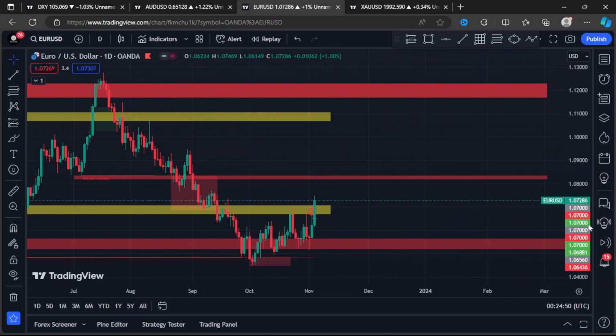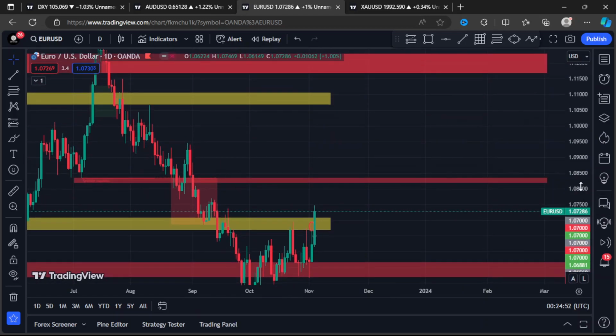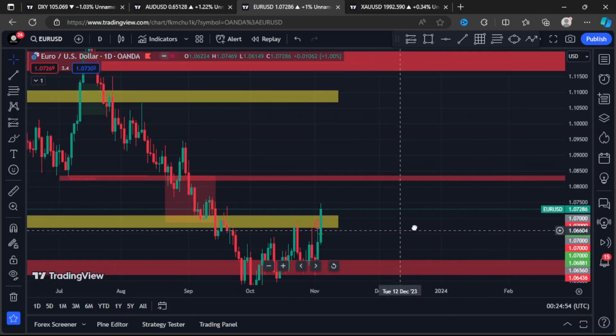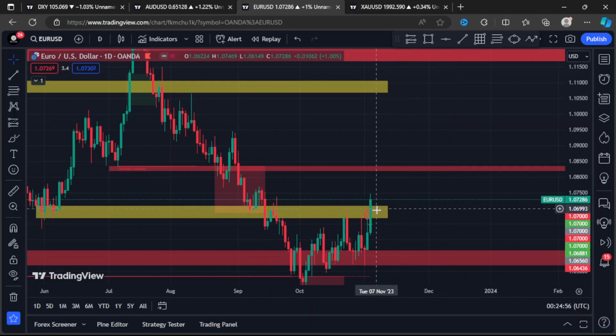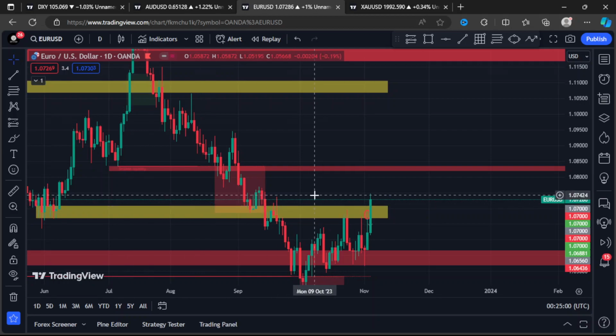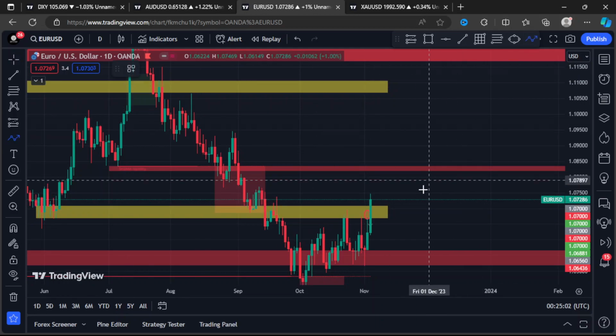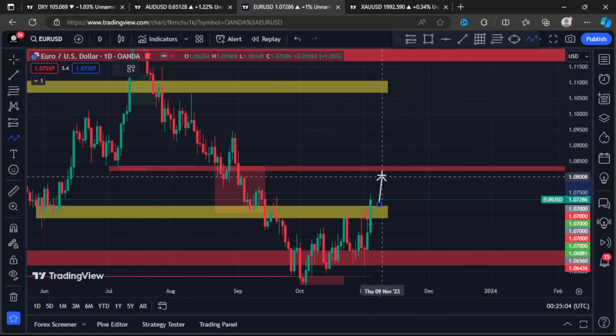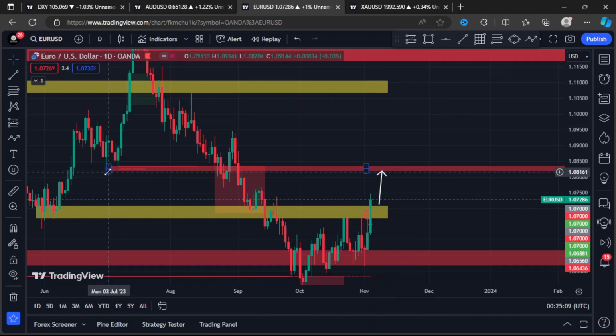Now let's continue. On the daily time frame, we can clearly see that the price has closed above the weekly resistance and is approaching the monthly minor resistance here. It first served as support and now as resistance if you check from the monthly time frame.